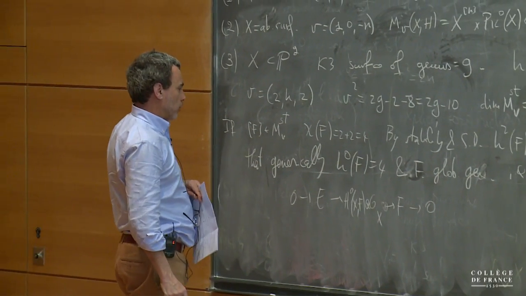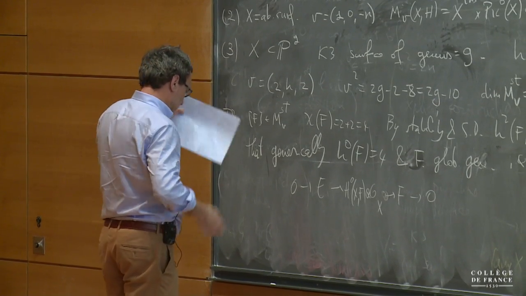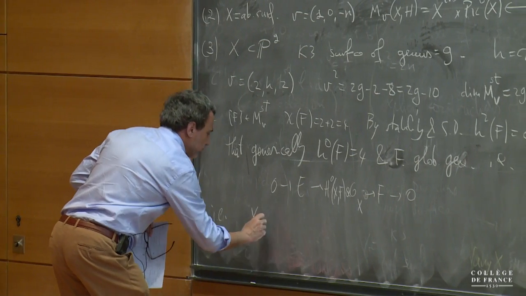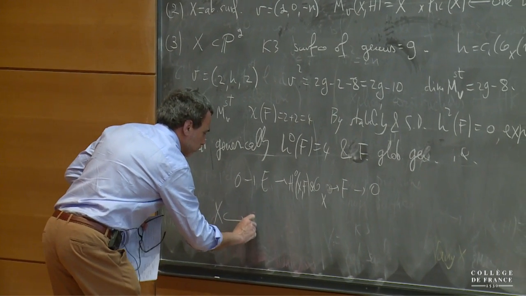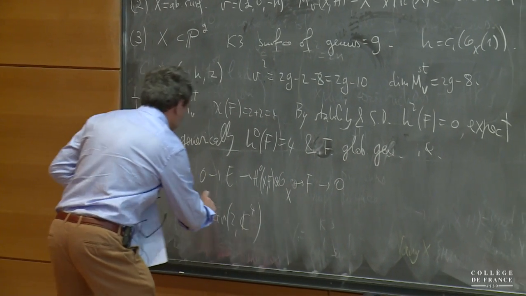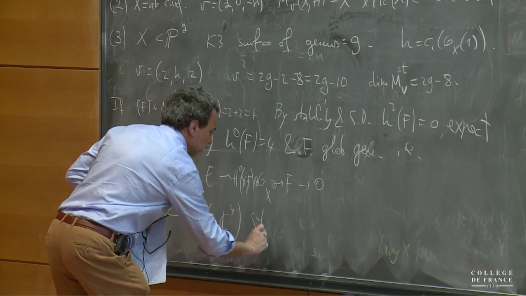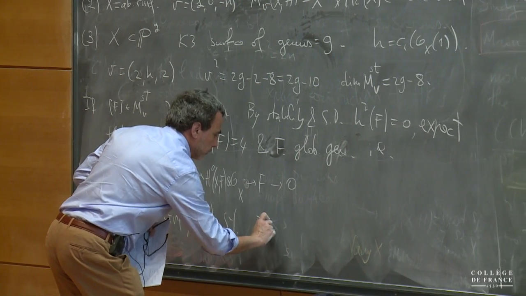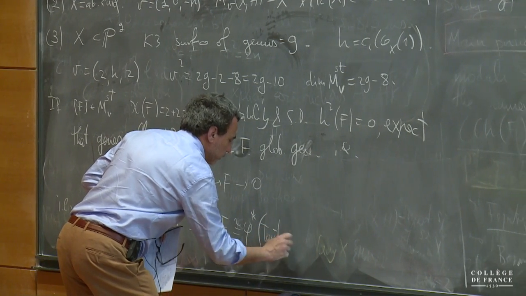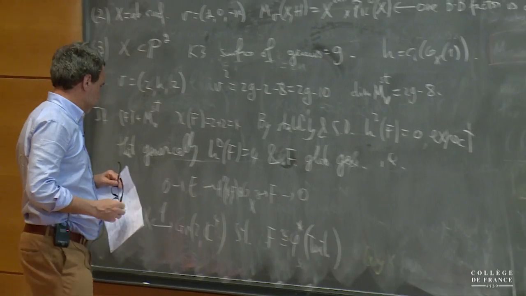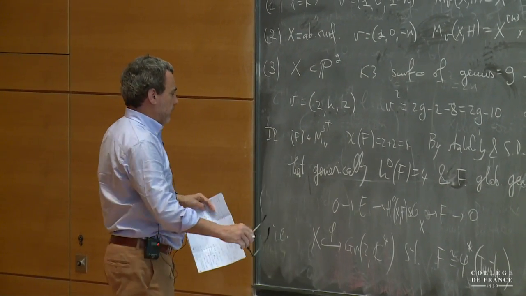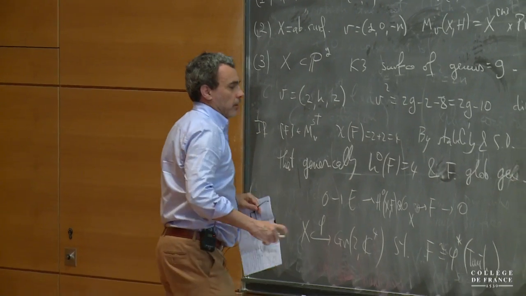Another way of saying it, we should have X. This X should have a map to the Grassmannian of 2 planes in C4, such that F is isomorphic to the pullback of the tautological vector bundle. Okay? So you should get these F's by mapping X into the Grassmannian.